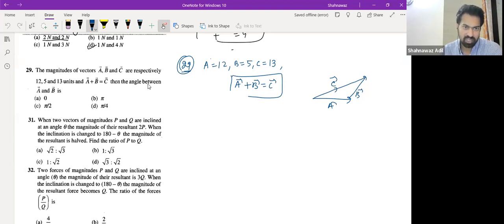So we have to find the angle between A and B. So Akib is solving, guys, and you also try. I will ask each of you what your answer is, and then the majority will win. So please try this question.